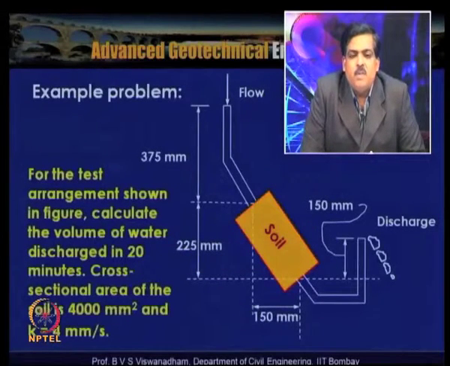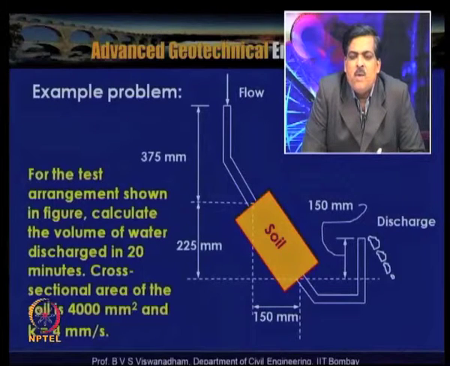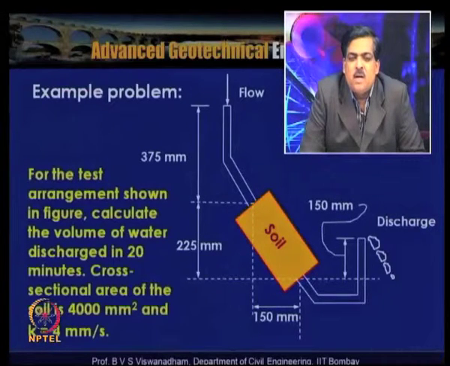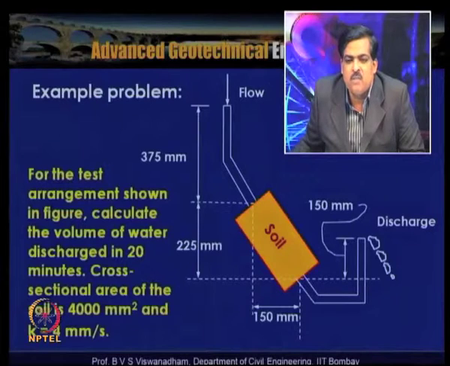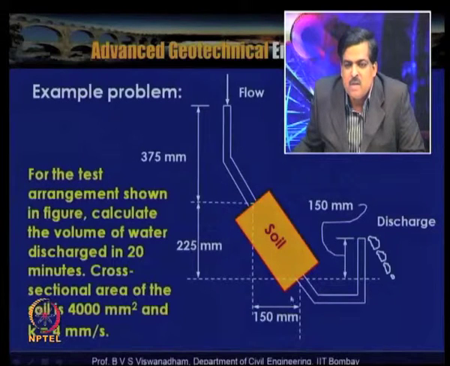Now let us consider one more example problem in determining the permeability, wherein in this particular arrangement which is shown, calculate the volume of the water discharged in 20 minutes. The cross sectional area of the soil is 400 mm square, and this ordinate here is 225 mm, and this horizontal distance is 150 mm, and this distance above, where the inflow and the surplus flow is discharged, the overflow takes place here.